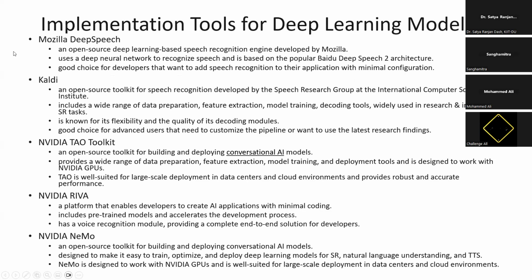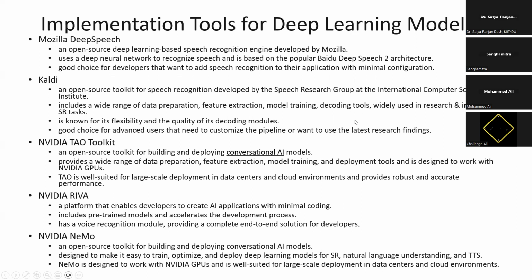These are some implementation tools for deep learning models: Mozilla DeepSpeech, Kaldi, NVIDIA TAO Toolkit, NVIDIA Riva, NVIDIA NeMo. I think one of the most popular is Kaldi, which is an open source toolkit used for developing speech recognition systems.